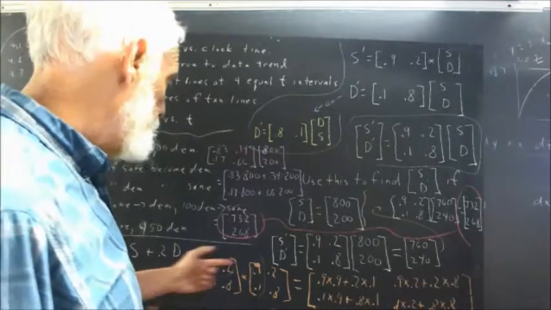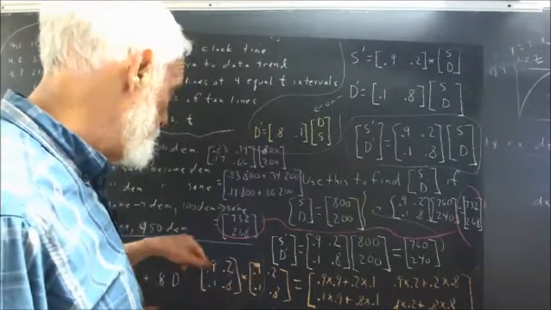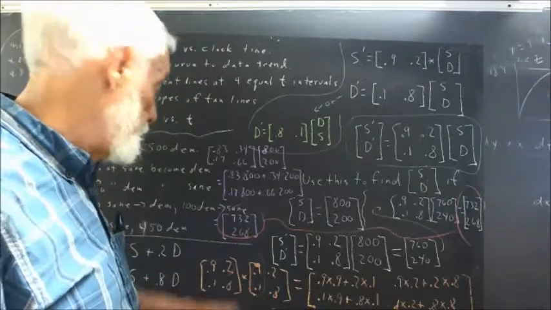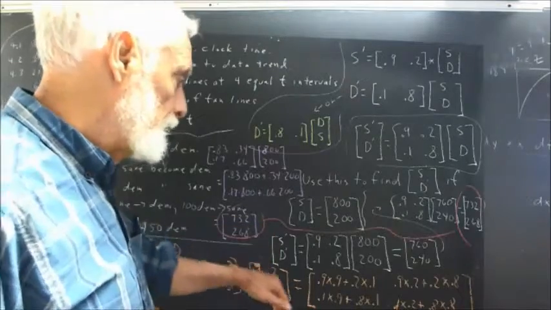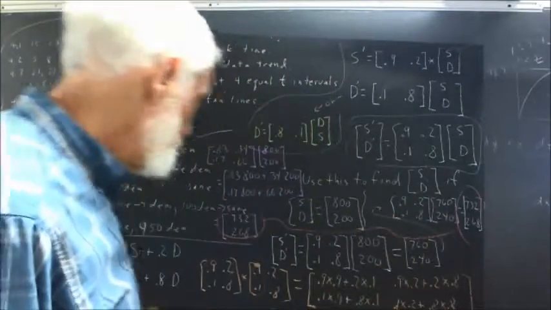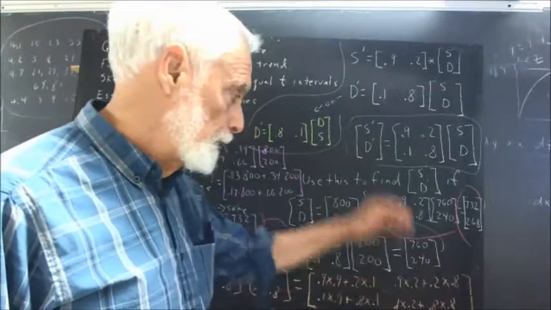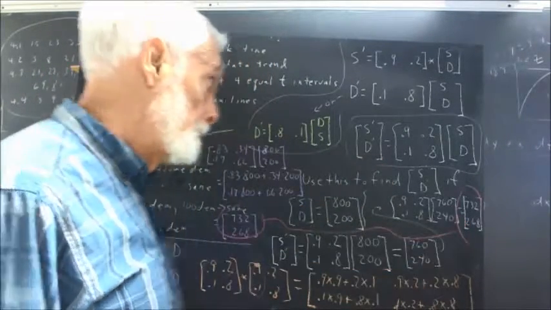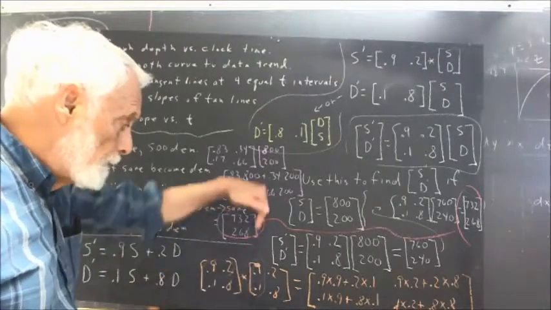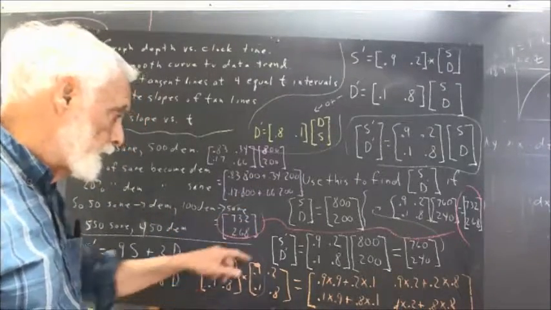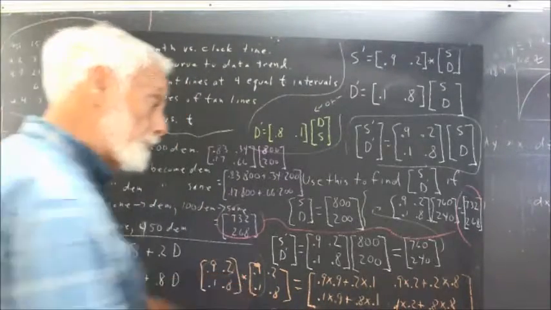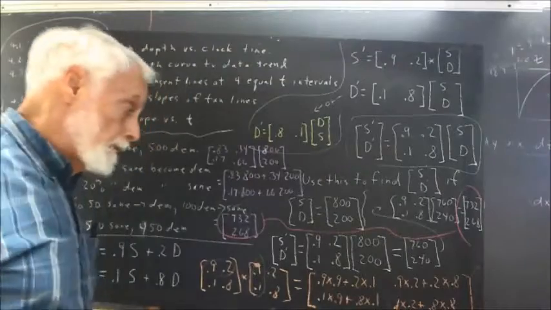Now I multiply the first row by the second column. I'm going to get 0.9 times 0.2 plus 0.2 times 0.8. That's first row times second column. That goes in the first row, second column of this matrix. And there we see it. Similarly, multiply the second row by the first column, 0.1 times 0.9, right there it is, plus 0.8 times 0.1, there it is.